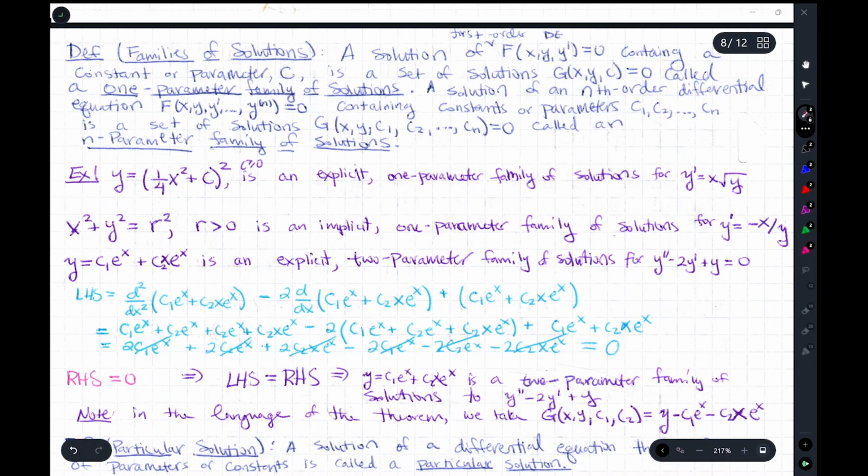That characterizes that two-parameter family, okay? And so the idea of the n-parameter family is that you have these constants, okay? And specific solutions of the differential equation can be obtained by fixing the constants.